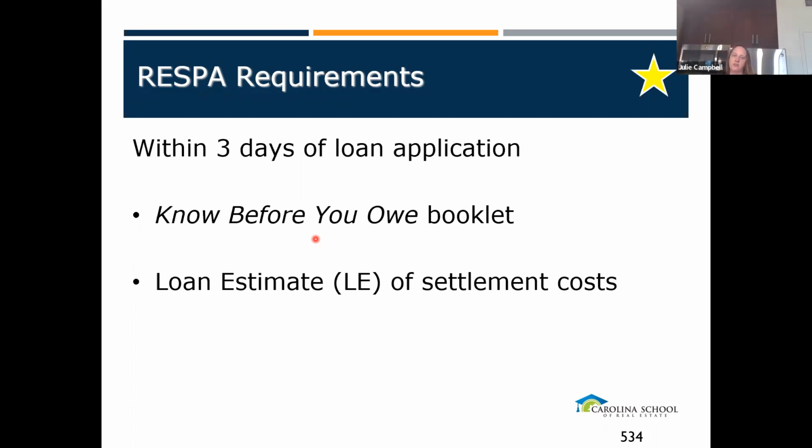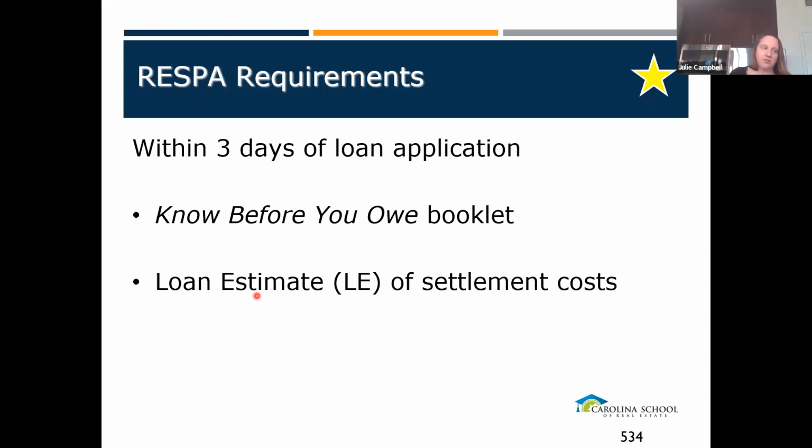Once the lender collects those 6 pieces of information, their clock starts. This is an estimate. This is not a final. Can estimates change? Can things change? Absolutely. So it's important that we understand that this is just an estimate.